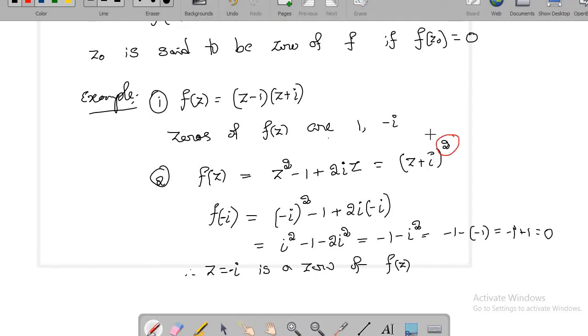Because it is a root 2 times, not just a single root. It is a quadratic equation, and both roots of this equation are negative i. So how do we know the order of a zero? Here I'll say that it is a zero of second order, or we can call it the algebraic multiplicity.